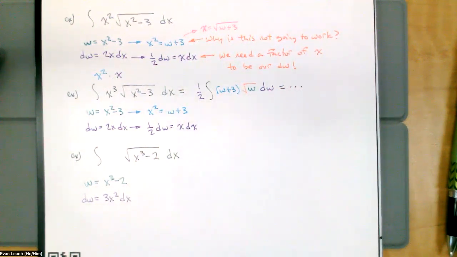If our inside is x cubed minus 2, and the substitution that we want to make is x cubed minus 2, now I need x squared to be the dw. So now outside, I can have an x squared, or it can be bigger than that by 3, because I can only replace x cubes with expressions in w without introducing radicals.